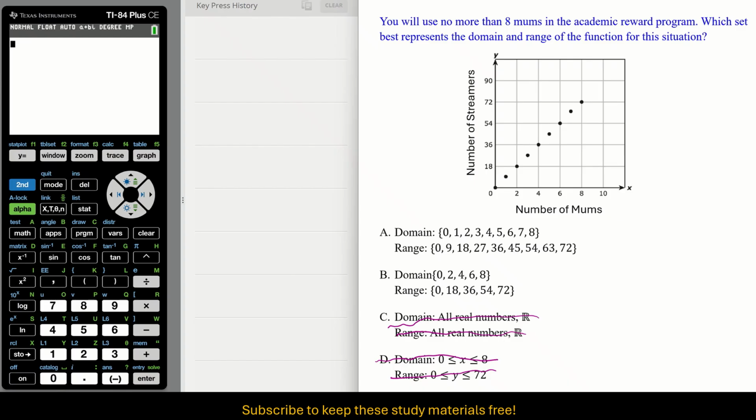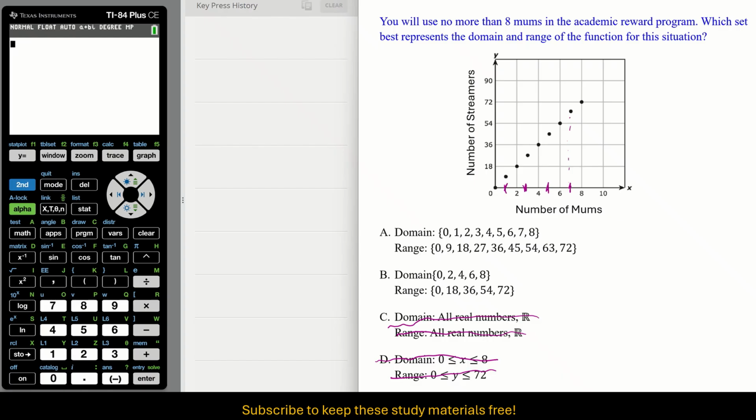However, B does not take into consideration the odd values that must be counted because we have the 7th mum and the 5th and the 3rd and the 1st. We can't disqualify those or just chunk them out for any reason. It's just what we see in our graph. It has just been omitted just for convenience, okay?